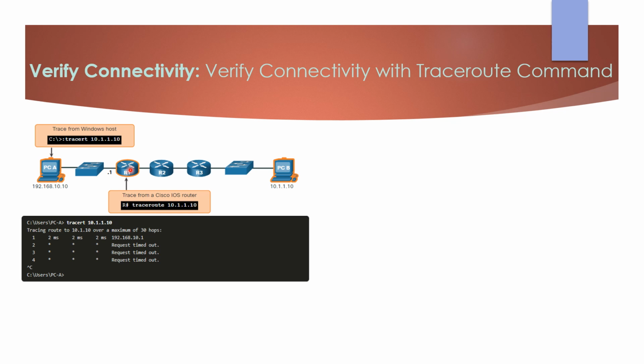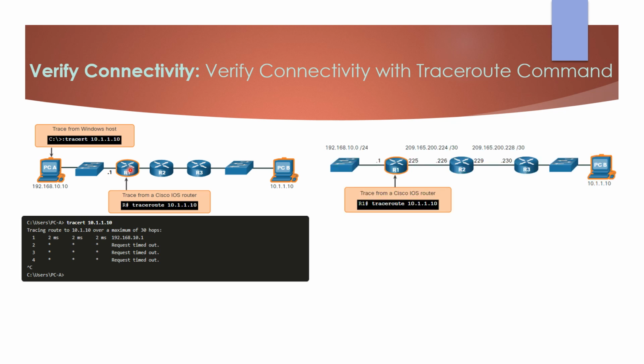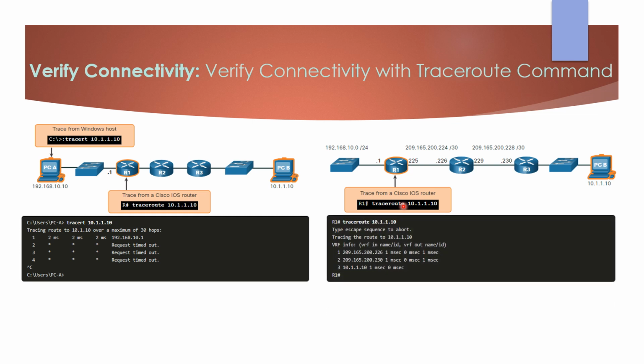A Cisco IOS traceroute command output varies from the Windows tracert command. For instance, let's refer to this topology and assume that now we are using the traceroute in router 1. Here would be listed a sample output of the traceroute command in this router.